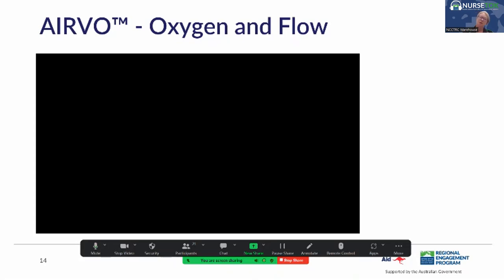If you want to increase or decrease the amount of oxygen you deliver, you have to do that via the oxygen flow meter. All right. And when you do adjust the oxygen via the oxygen flow meter, it's really sensitive. So you have to do that really quite slowly.